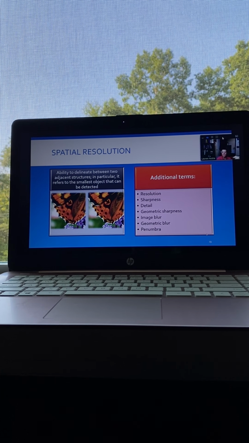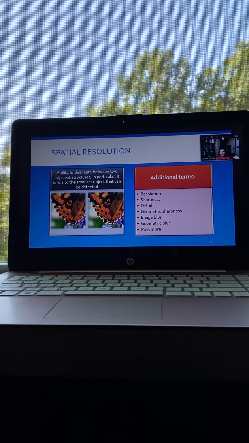The difference in what? Gray shades. It's the gray shades, exactly. So it's a difference in the gray shades. You may hear people say difference in grayscale. So whether you say grayscale or gray shades, either one is perfectly fine. But so it's a difference in the gray shades.